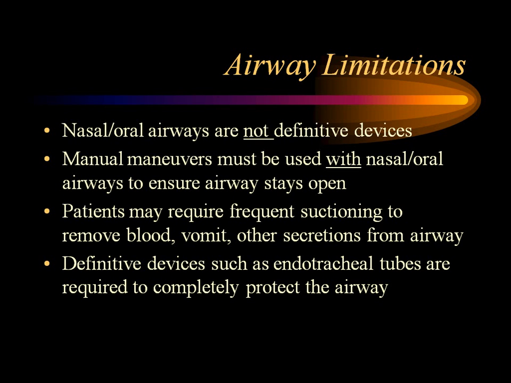So you still have to do these manual maneuvers. Whenever you're bagging someone, you're still going to have to jaw thrust a little bit or tilt back and do a head tilt chin lift a little bit. So you've got to give it a little bit of help, and it'll make more sense when you start playing with them and actually start to use them.